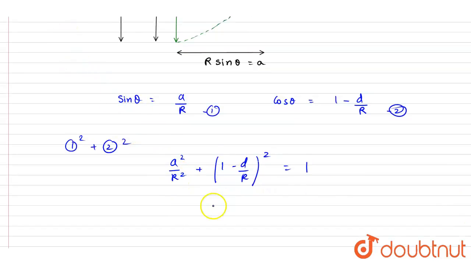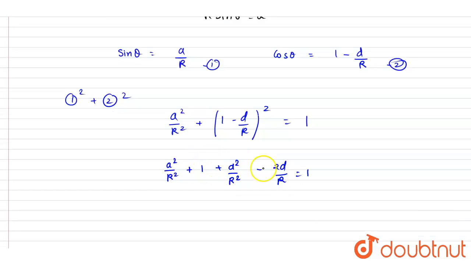If I solve this equation, I will write a square plus d square by r square is equal to 1. So this 1 will get cancelled out, and you can take 1 by r common here.